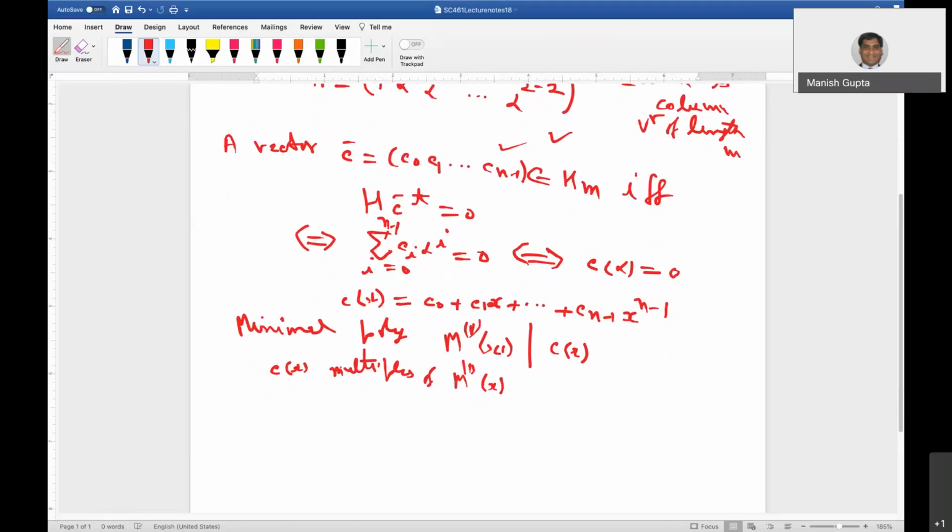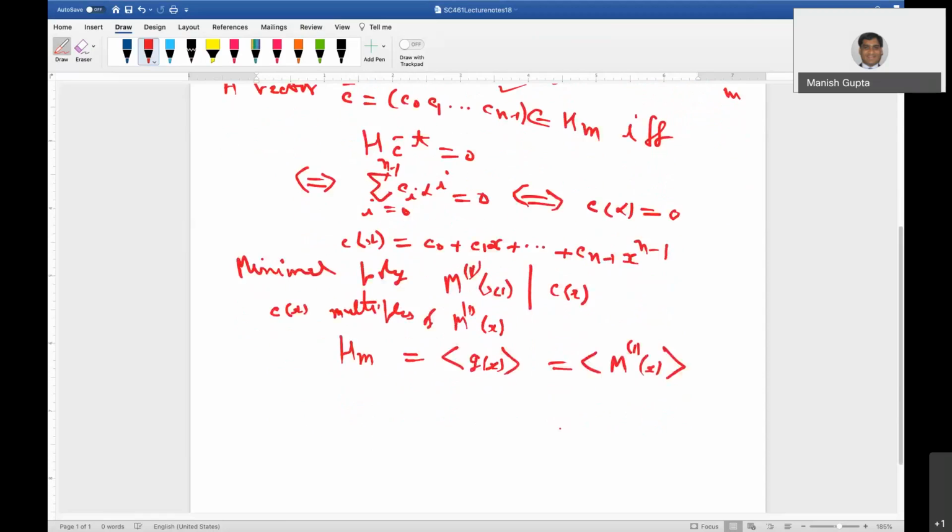Our Hamming code Hm is a cyclic code generated by the generator polynomial g(x), which is actually your m1(x). What is m1(x)? The minimal polynomial of alpha. So the Hamming code is a cyclic code.